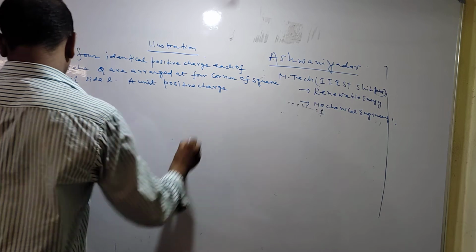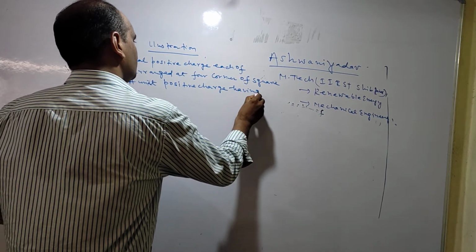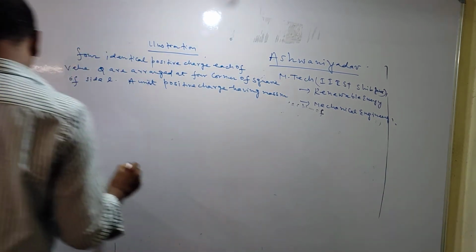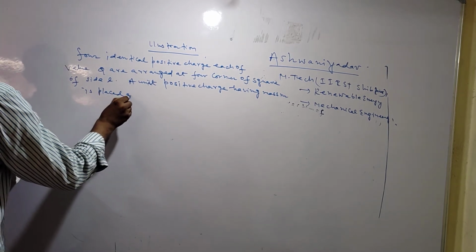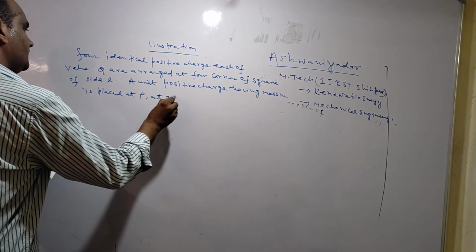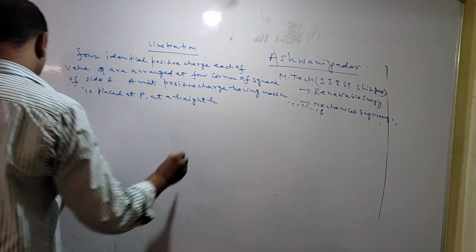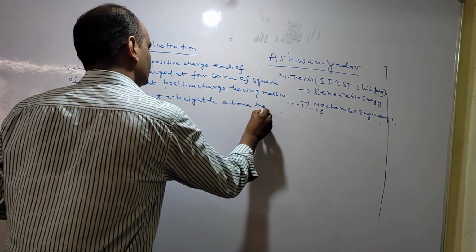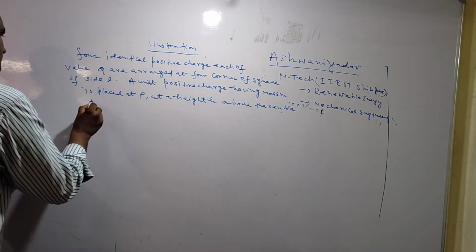Unit positive charge having mass m is placed at P at a height h above the center of the square.